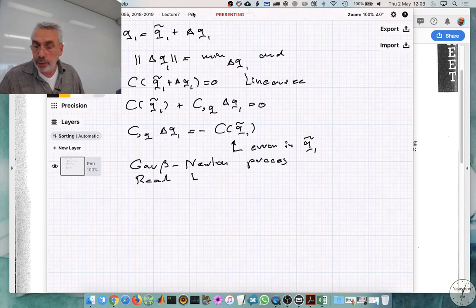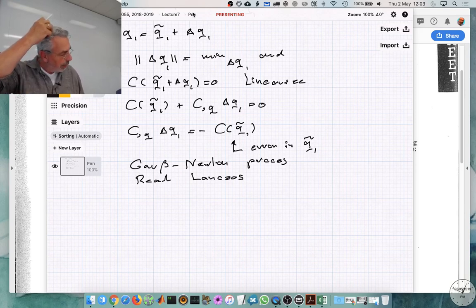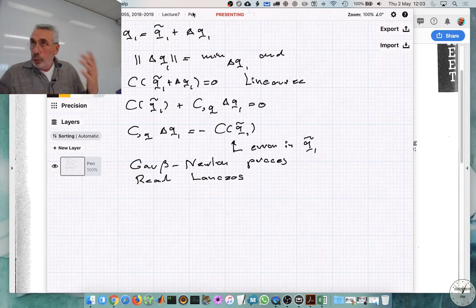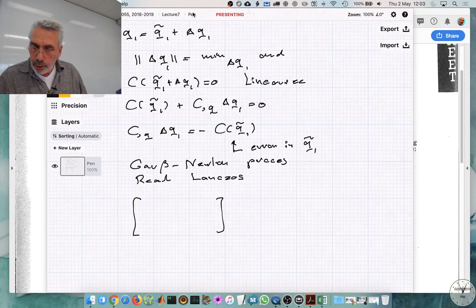I think it's also very nice in the book of Lanczos, and I always write that wrong. Lanczos, with a C and a Z. In the book of Lanczos, what is it? Variational Methods in Mechanics. It's in the reference list of the book. If you do this constraint optimization, then the equations to solve are like this.